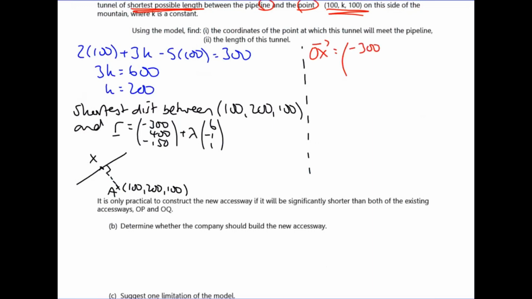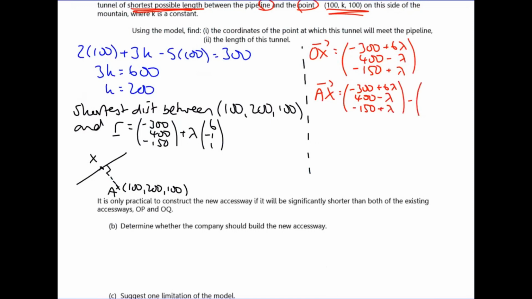We're going to get it from putting it together. So minus 300 plus 6 lambda, 400 minus lambda, minus 150 plus lambda. The vector A to X I'm going to get from taking these away from each other. Take away the coordinates of A, which is 100, 200, 100.